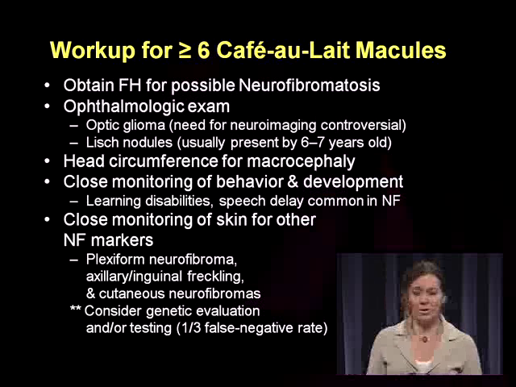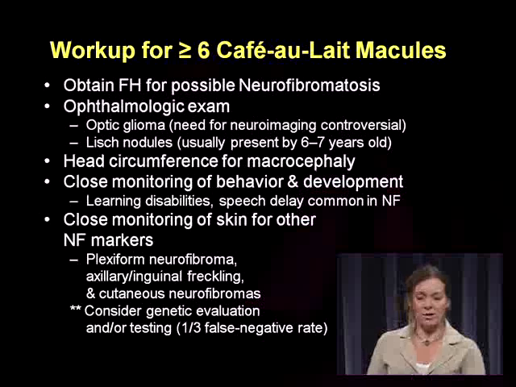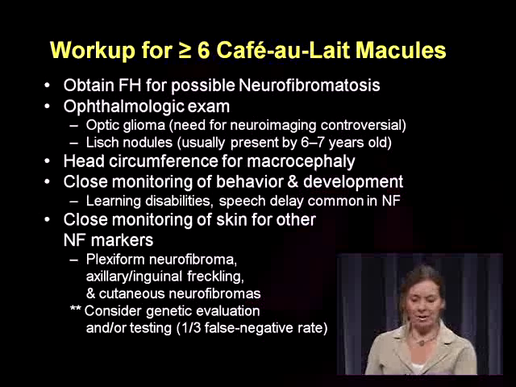Now, you're not always going to see those changes, but sometimes that can be very, very helpful, and those often appear over time. And we'll talk about those, but just briefly, you're looking for optic gliomas and Lisch nodules on the eye exam.